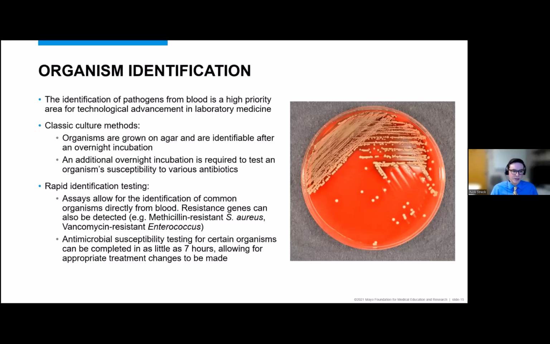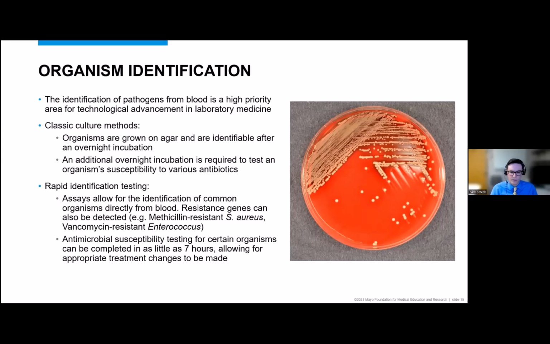So in addition to this culture testing, our laboratory also utilizes a number of assays that can get some of that information out quicker, in the same day as a positive result. One of the common methods is polymerase chain reaction, PCR. There are a number of assays now that can perform PCR on the positive blood broth that immediately comes off the instrument.